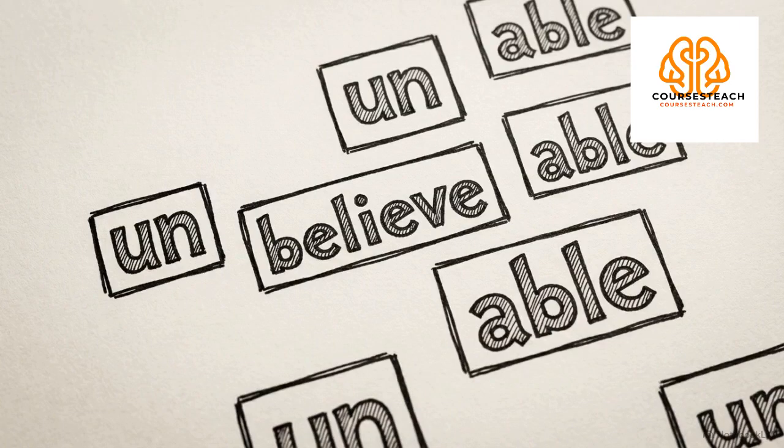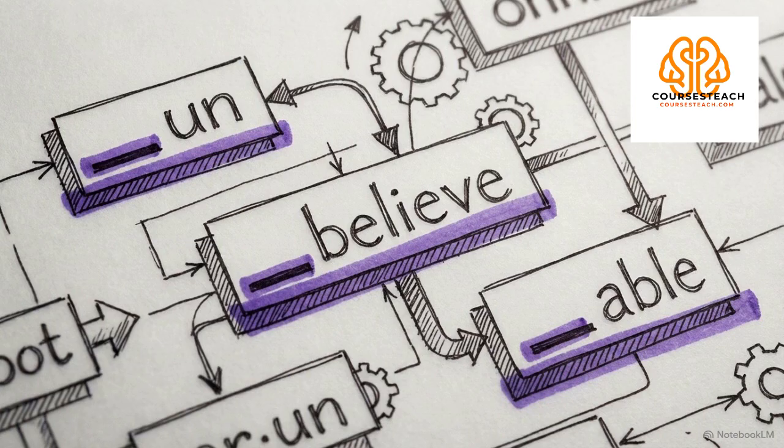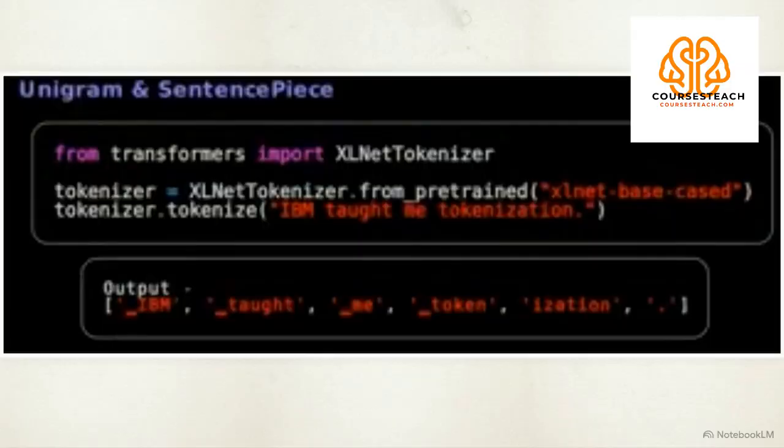Because words are now broken into fragments, these algorithms must apply specific visual markers to the tokens so the model knows how to reassemble them accurately. This output shows an XLNet tokenizer in action. Notice the underscore prefix attached to subwords like IBM and taught. This underscore acts as a flag, indicating that the token was preceded by a space in the original string.